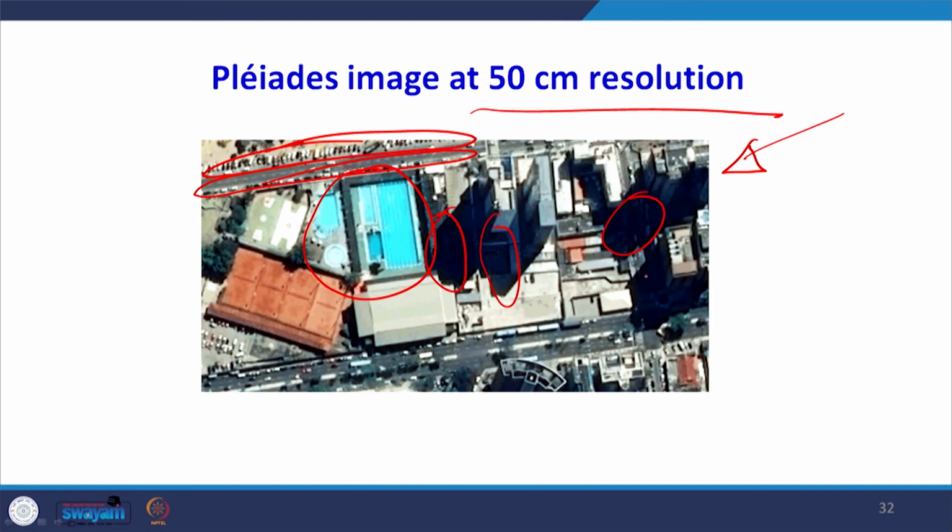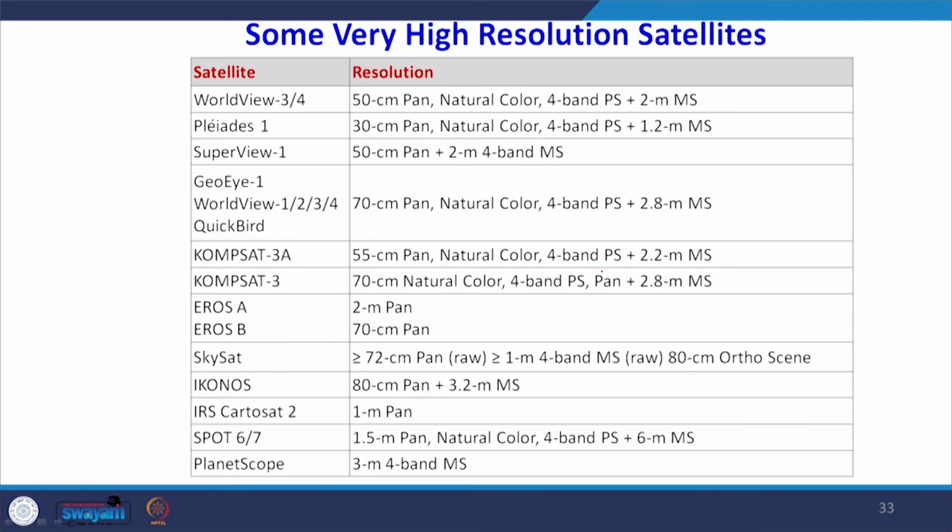So, there is so much shadow now in this area that below the shadow it probably becomes difficult to identify the features. There are techniques by which we can remove this shadow and identify the features, or using the shadow as a positive characteristic we can determine the height of the structure and height of the buildings. So, these images are very useful. If we have a quick look at the very high resolution satellite images available to us, this is a list here.